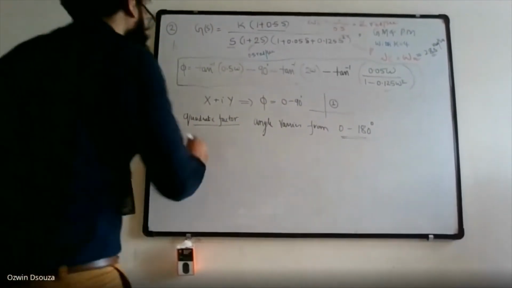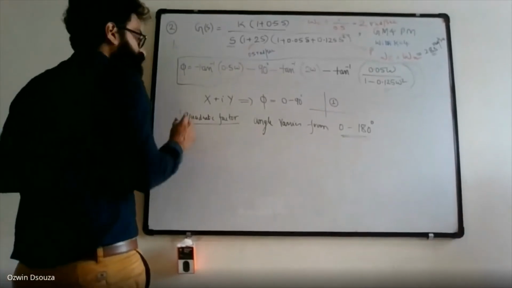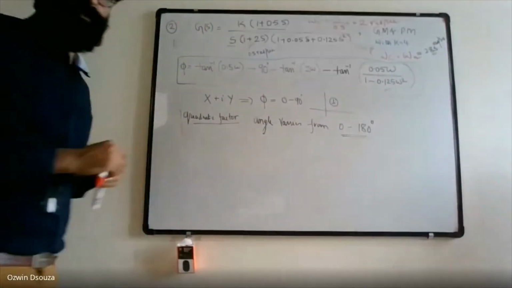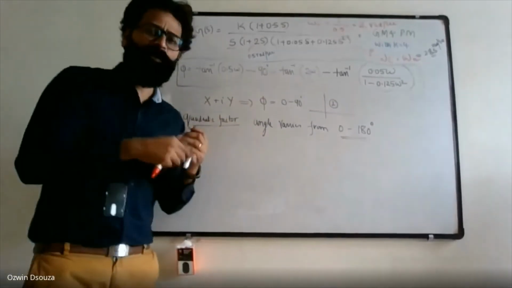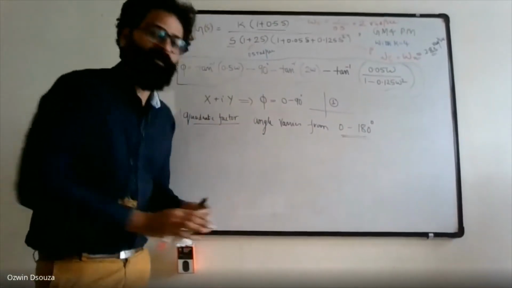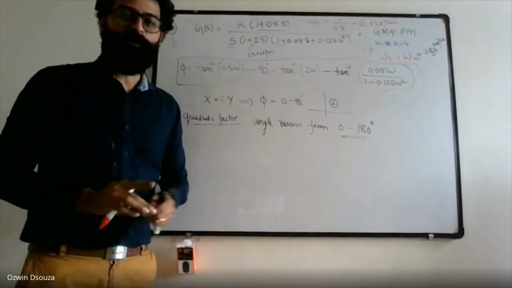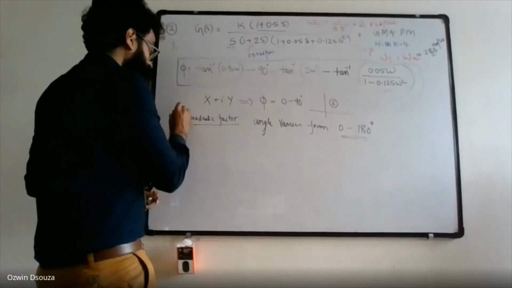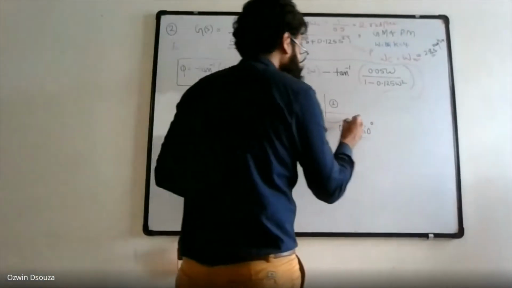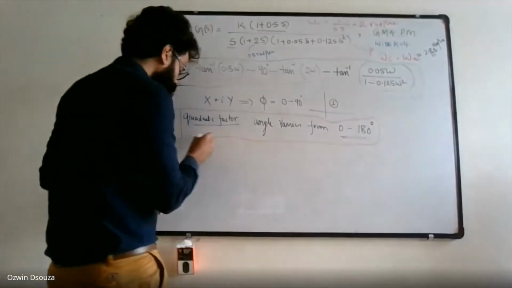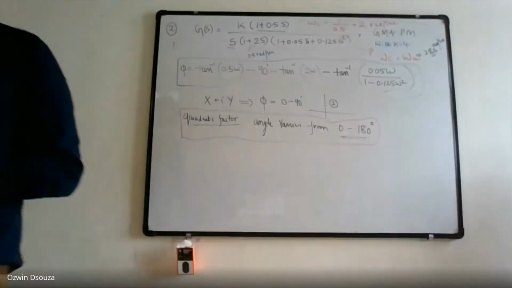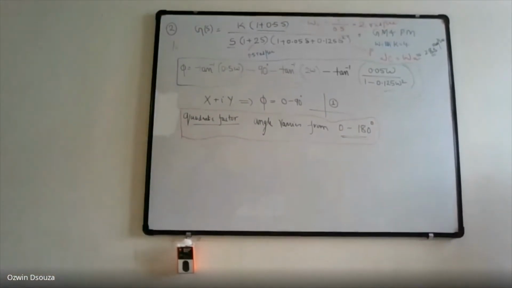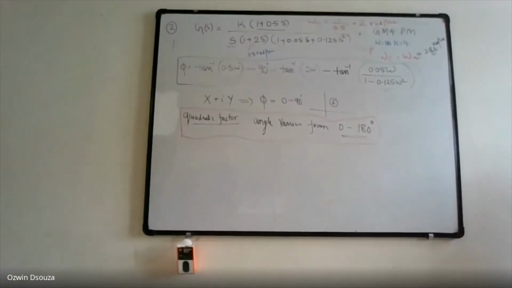Quite often you put this equation in your calculator, start varying the omega value, and whatever angle the calculator gives, you substitute. No, you are not supposed to do that, because whenever the quadratic factor comes into the picture, the system angle is not changing from 0 to 90 degree. It is in fact changing from 0 to 180 degree.